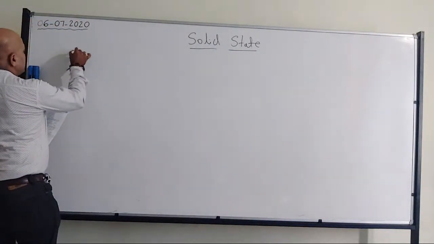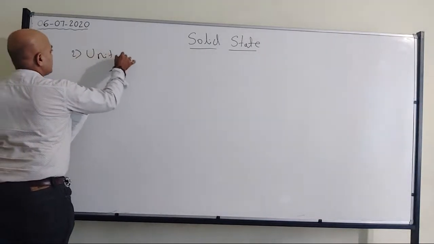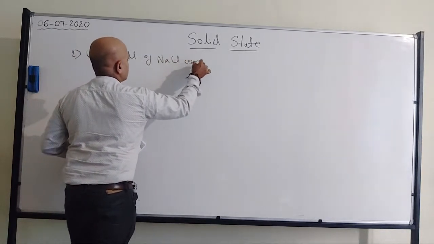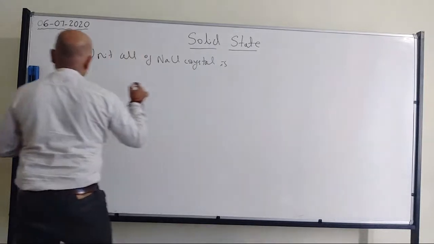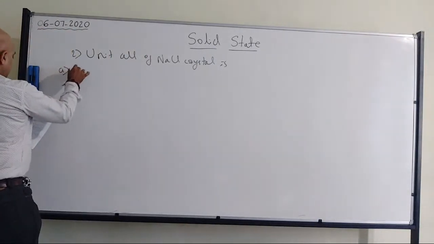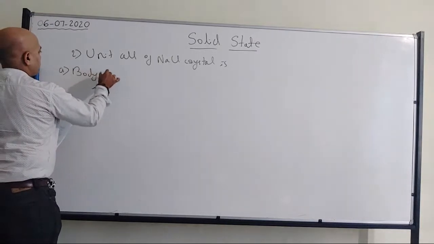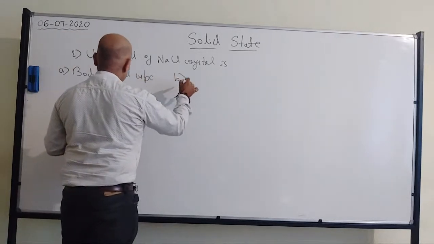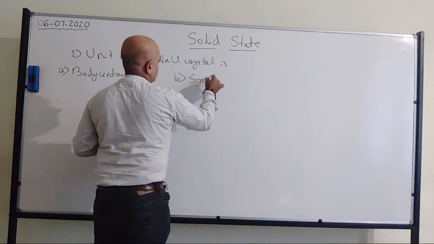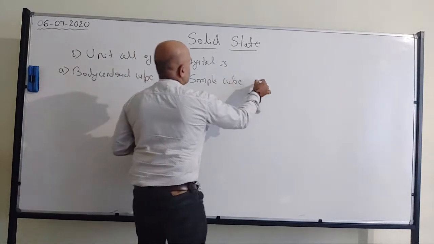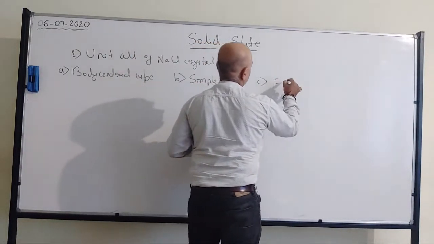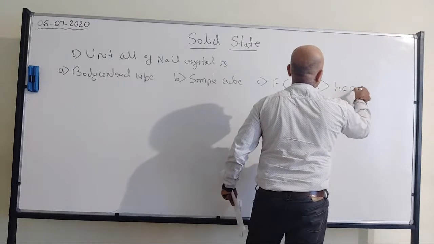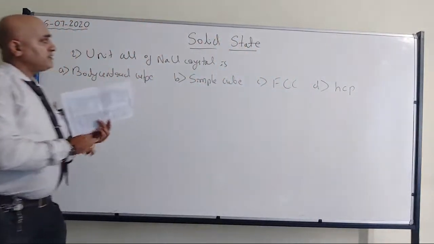Next, second question. The unit cell of NaCl crystal is: option A, body centered cube; option B, simple cube; option C, face centered cube, FCC; option D, hexagonal HCP, that is hexagonal close packed type of structure.